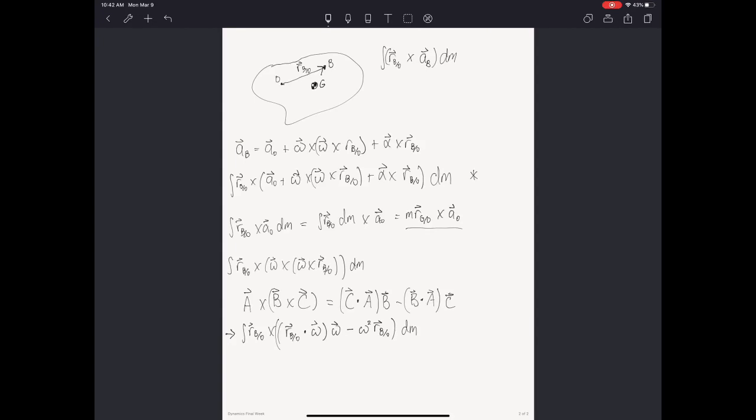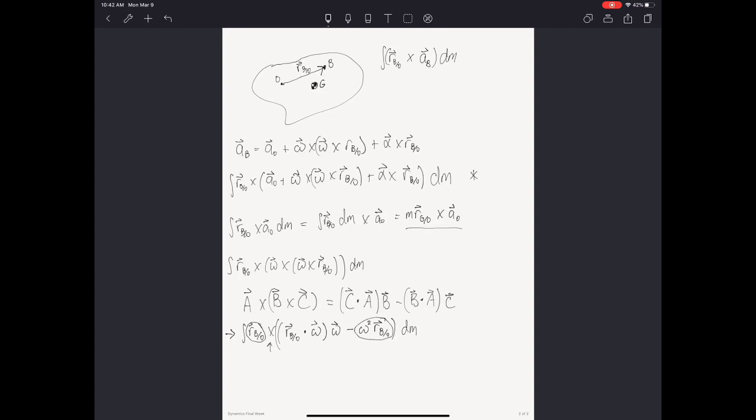Well, first of all, the second part of this part is in the RB with respect to O direction. And so is this. When you cross two vectors that are parallel, you get 0.